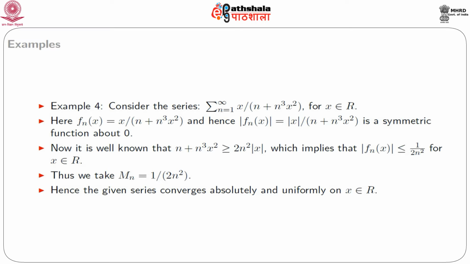Now, it is well known from the arithmetic mean greater than or equal to geometric mean inequality that n plus n cube x square is greater than or equal to twice n square absolute value of x, which implies the absolute value of f n x is less than or equal to 1 by 2 n square. Hence, using the Weierstrass M test taking Mn as 1 by 2 n square, we observe that the series converges absolutely and uniformly on x belonging to the real line.